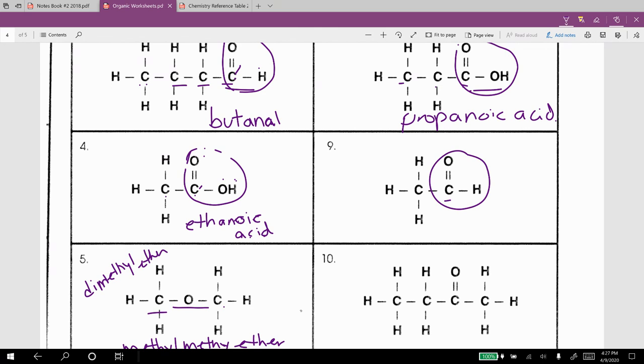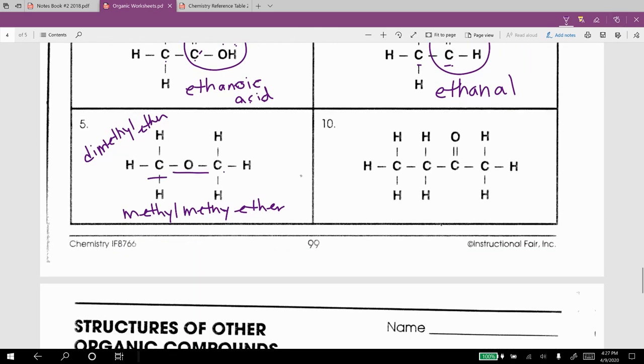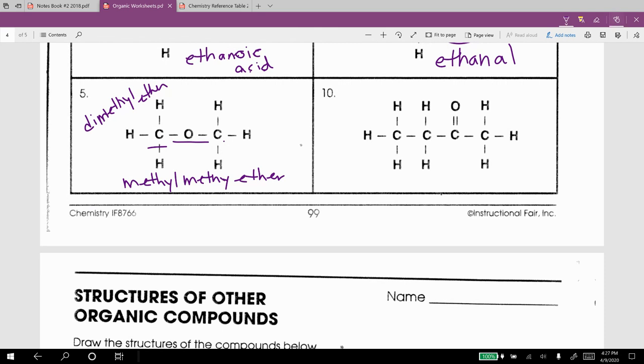This is an aldehyde. So 2 carbons is eth. So it's like ethane, drop the e, add the ending al. Be very careful in your writing because we have ol and al, and a's and o's look very similar. You wouldn't want to lose points for messy handwriting.